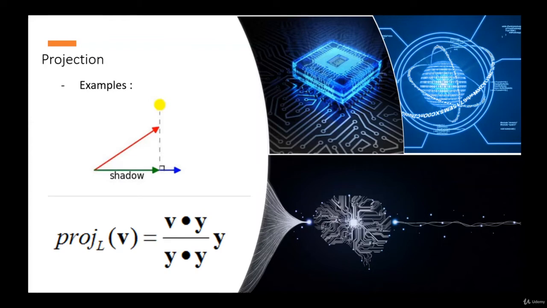If you want to understand this concept a bit more easily, it's pretty simple. Here you can see a graph. You're going to have two vectors.